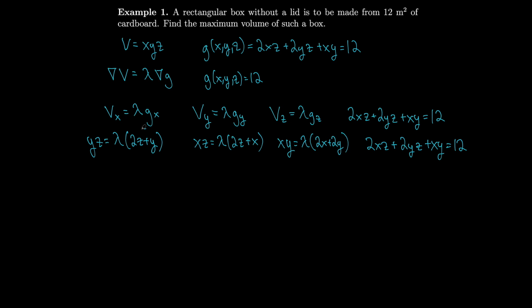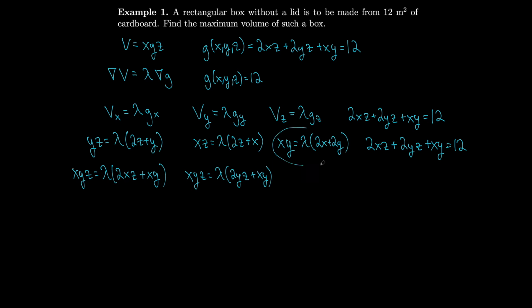I just have to multiply both sides of this equation by x, and then I get xyz equals lambda times 2z times x. So I'll write that as 2xz plus x times y. I have to distribute the x inside the parentheses. And in this case, this would be missing a y, so I'll multiply that by y. I get xyz equals lambda times 2yz plus xy.